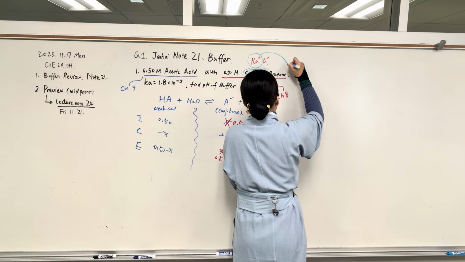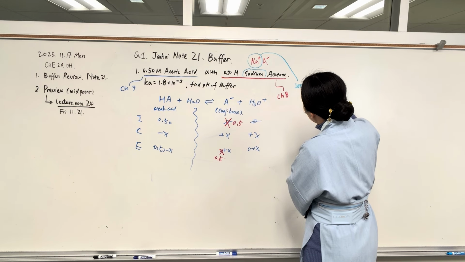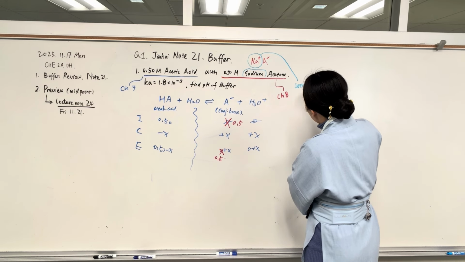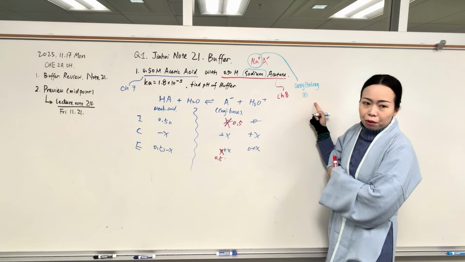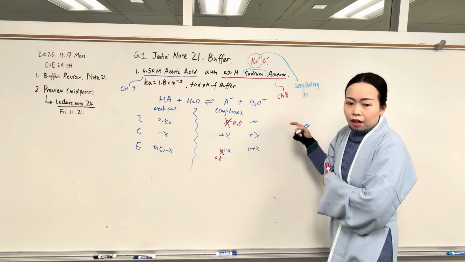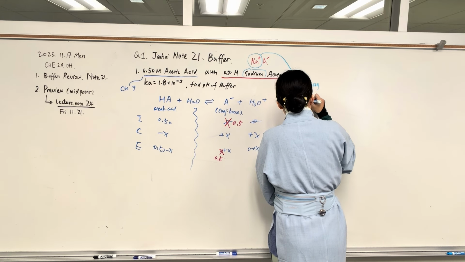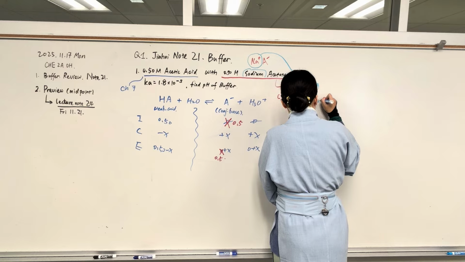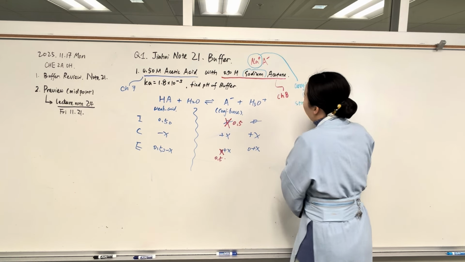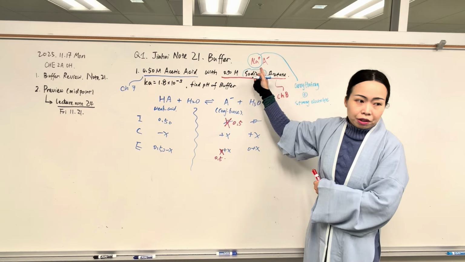Sodium is anything positive would work. I will say a strong electrolyte. Anything positive, strong electrolyte. It is here because I need A minus, not because I need sodium plus.